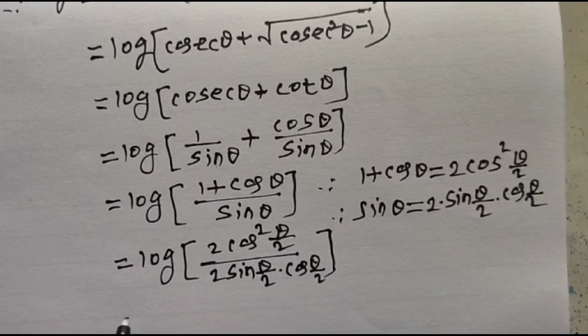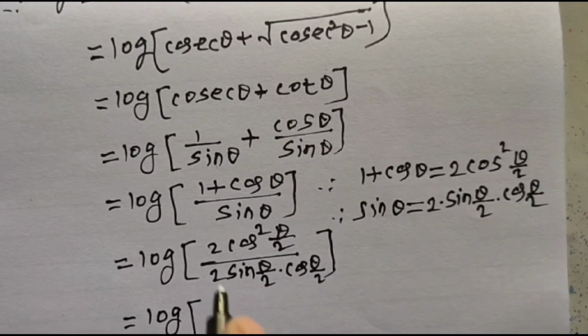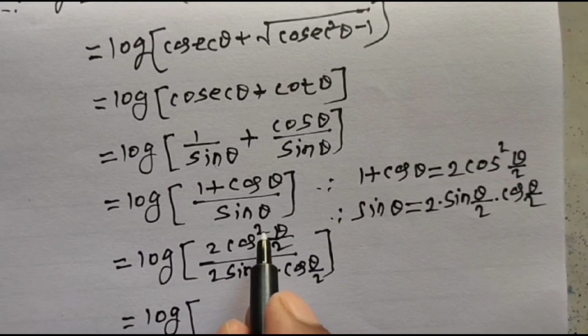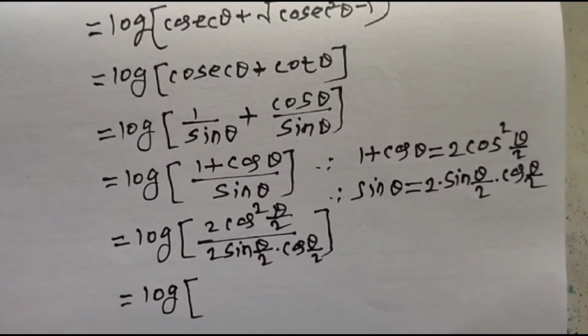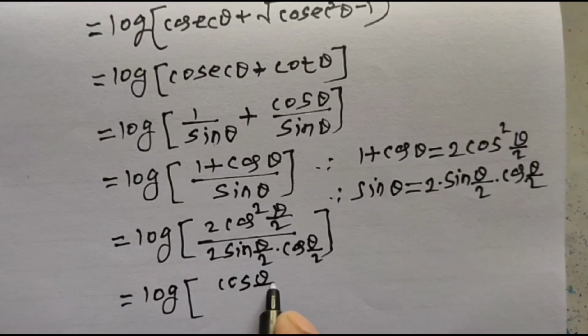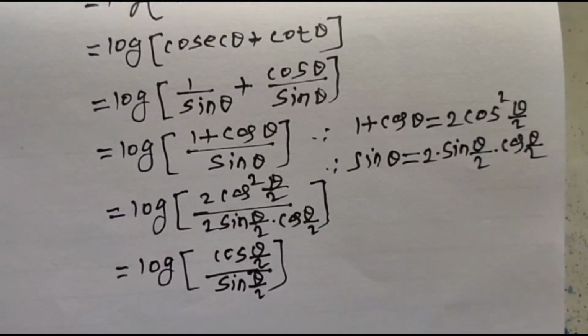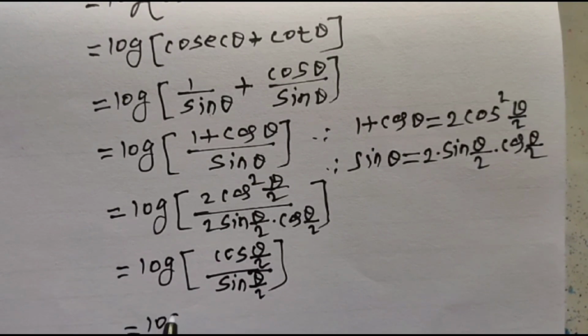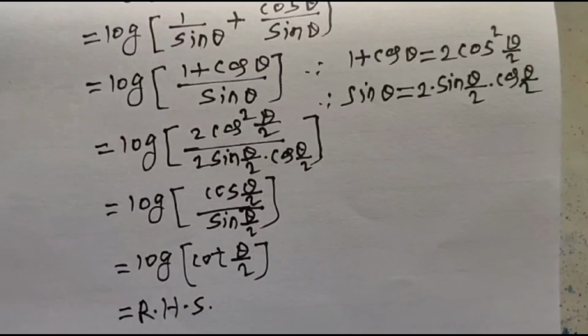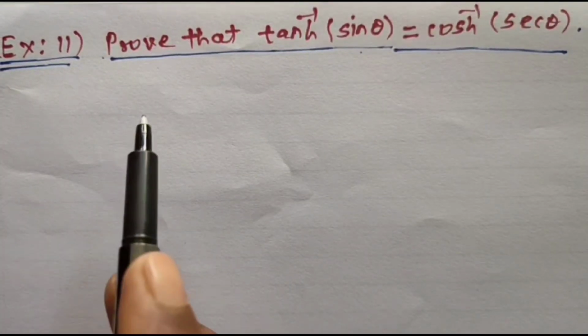The 2 gets cancelled, the square cancels with this cos theta upon 2, and what remains is cos theta upon 2 divided by sin theta upon 2, which is equal to cot theta upon 2. Hence logarithm of cot of theta upon 2. This is RHS.